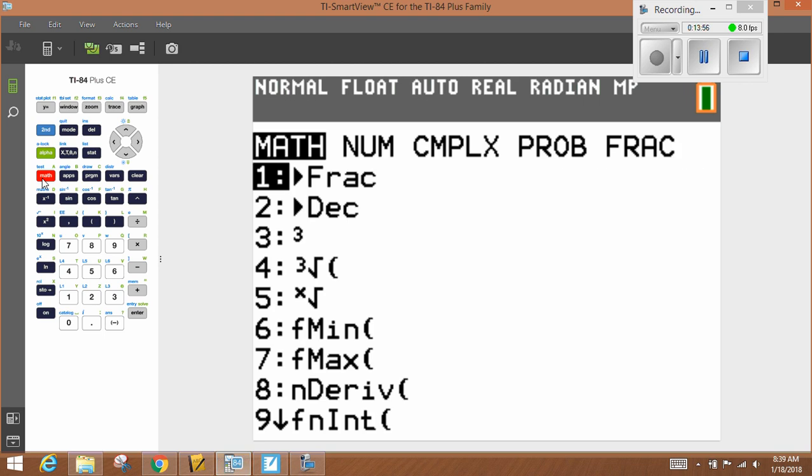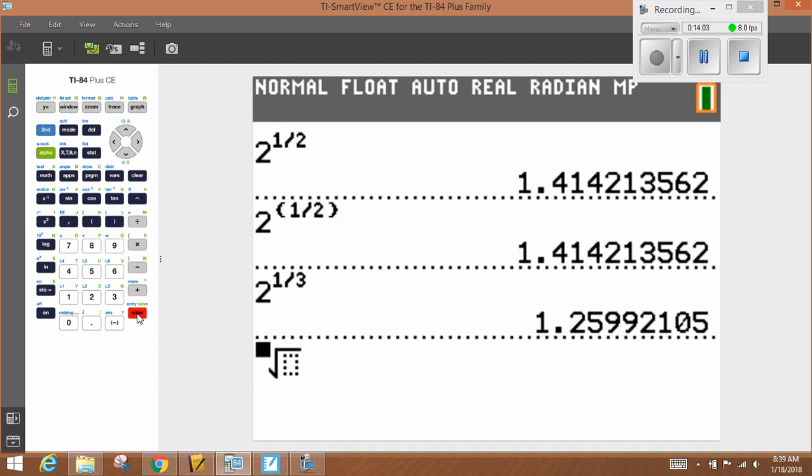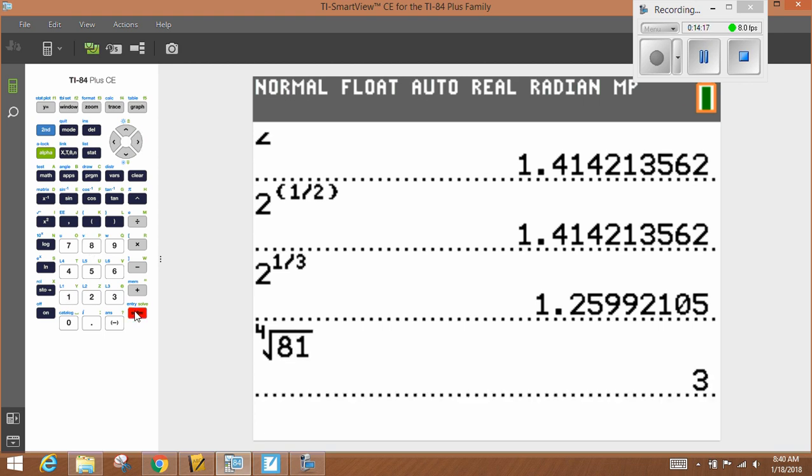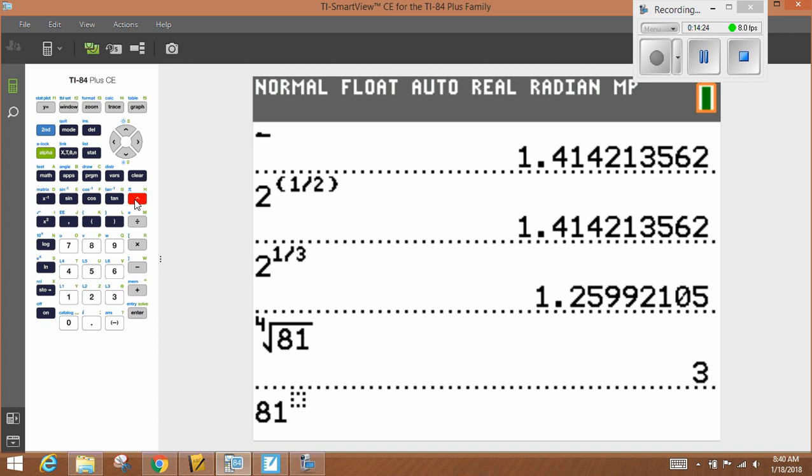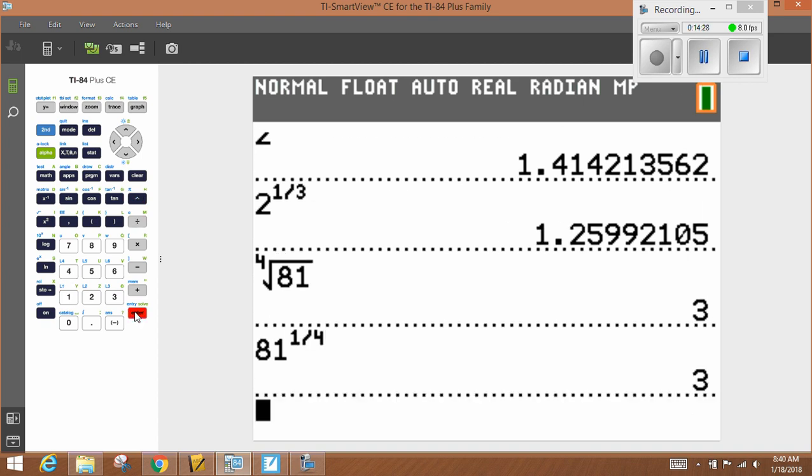If you have the latest operating system, I would hit 5, I would go down to this one, and I can hit 4 and 81, and it picked it up. But I told you that the same thing would be saying 81 raised to the 1/4 power. The two things are equivalent.